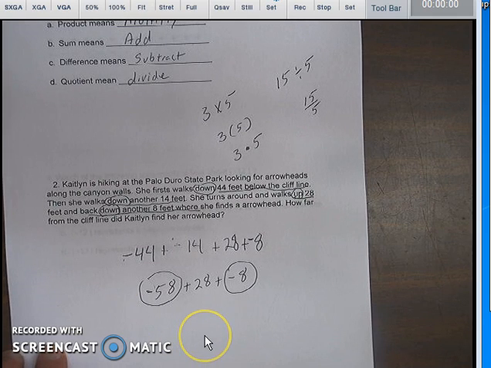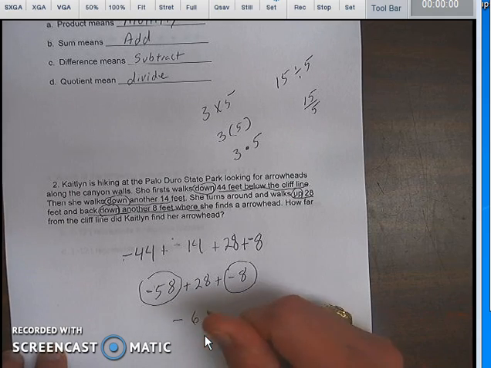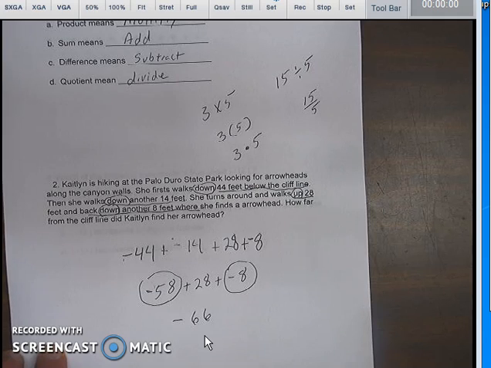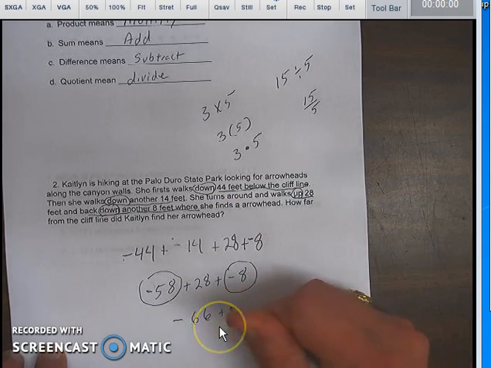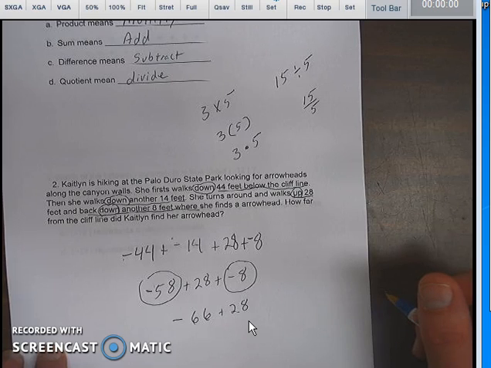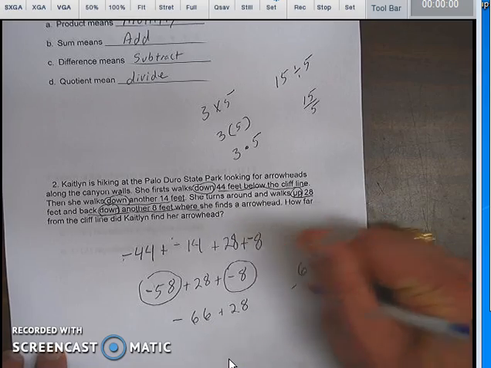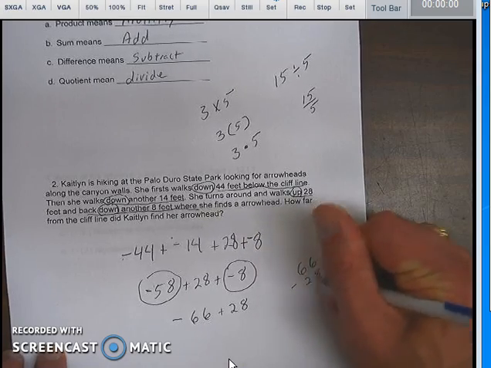So 58 plus 8 is negative 66, because my signs are the same, plus 28. Okay, so this is a negative and this is a positive. So that means that our signs are different. Same sign add, different sign subtract. So I'm going to have to do 66 minus 28.